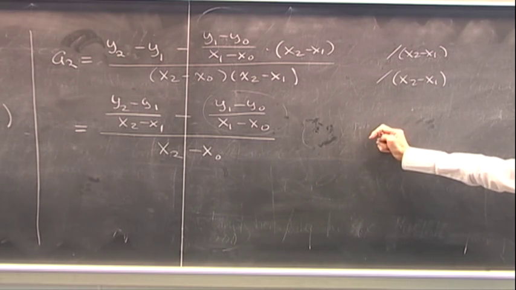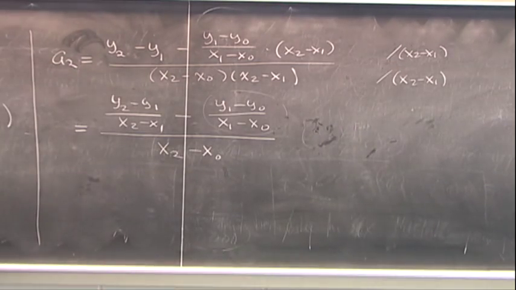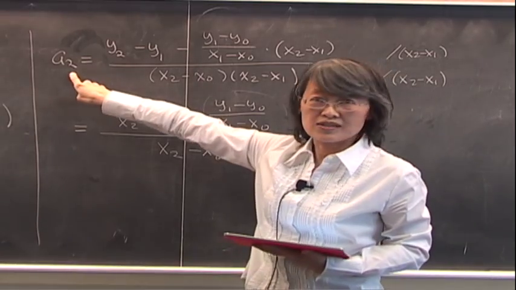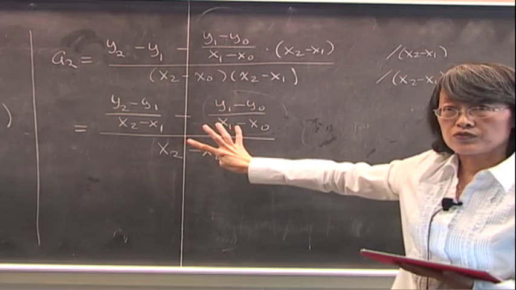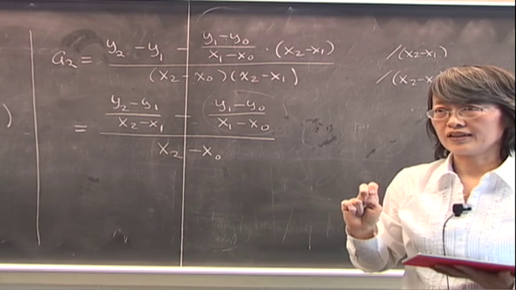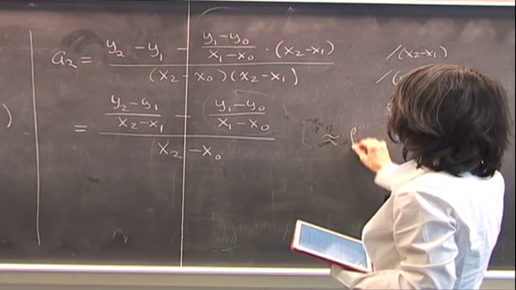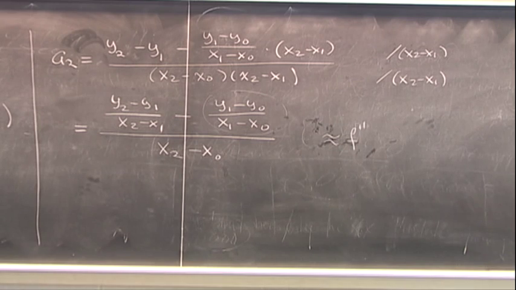Do we see? And this is A2. So you see, A1 is some kind of an approximation to the first derivative, and A2 is some kind of approximation to the second derivative, but written in this kind of a finite difference form, right? That's why we call this name divided difference, okay? So this, we think, is some kind of a second derivative if f is the function that you are interpolating.